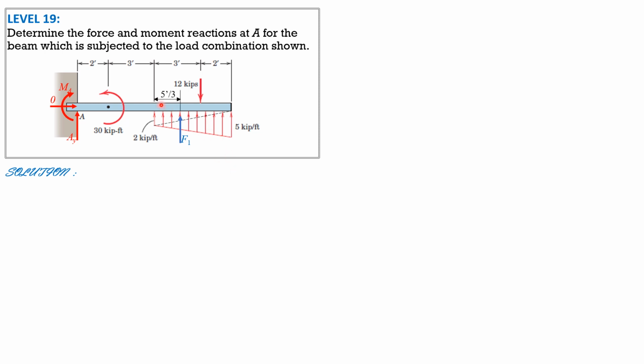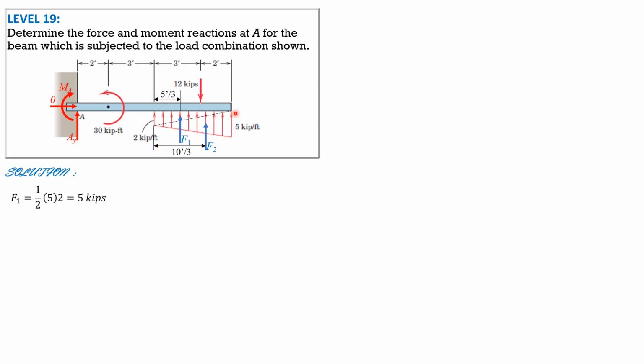The distance of F1 from this left end of the loading is 1/3 of 5 feet, so 5/3 feet. Then we have F2, the distance of F2 from the left is 10/3 feet, or 2/3 of 5 feet. So F1 is 1/2 of 5 times 2, so 5 kips.